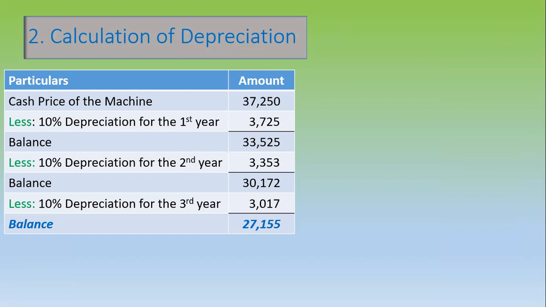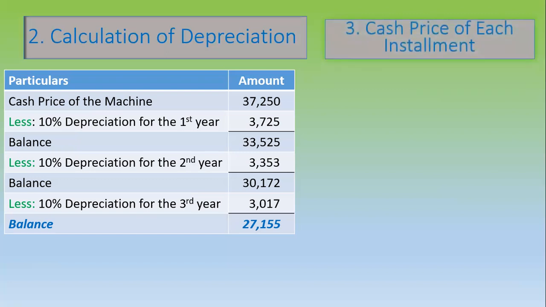Now for second year depreciation, 10% you need to calculate on the outstanding balance of 33,525. So you will get 3,353. Now the third year balance is 30,172 and we need to calculate 10% depreciation under diminishing balance, you will get 3,017. So now the asset value will be 27,155 after 3 years.